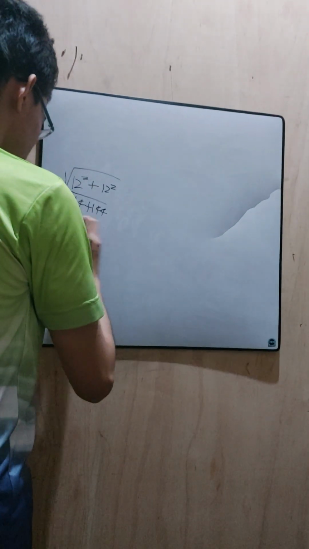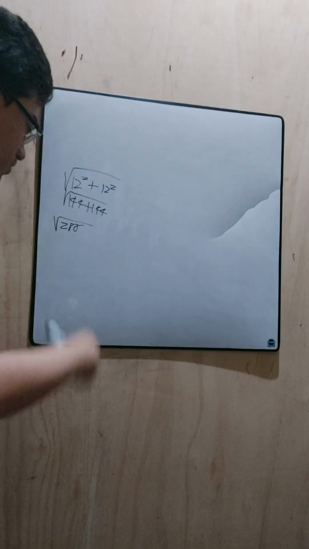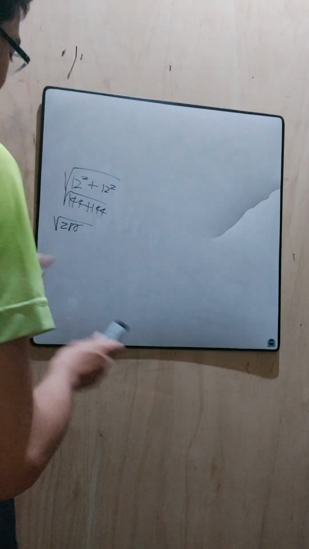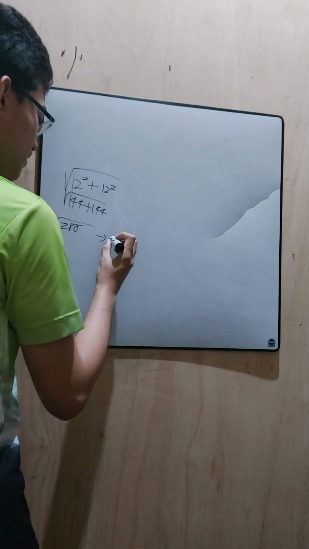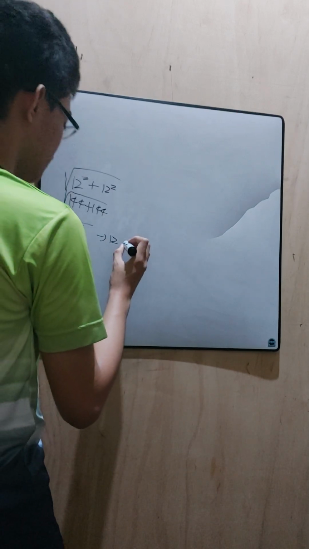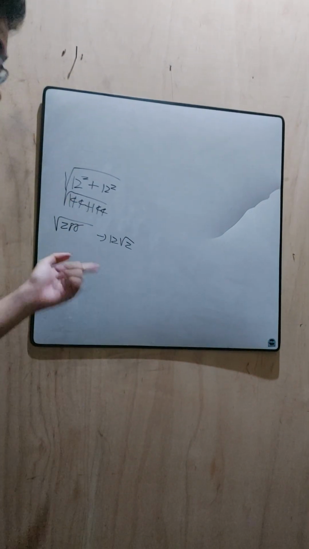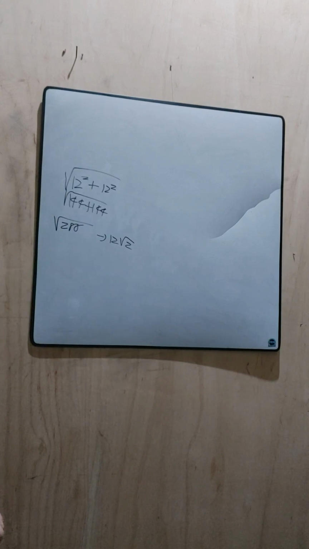Square root of 288. Now let's simplify this. That's technically 12 square root of 2. It just simplifies to that. See? 12 square root of 2.